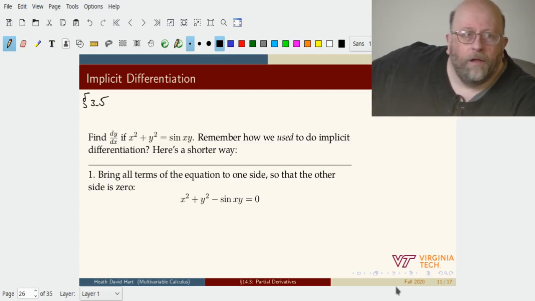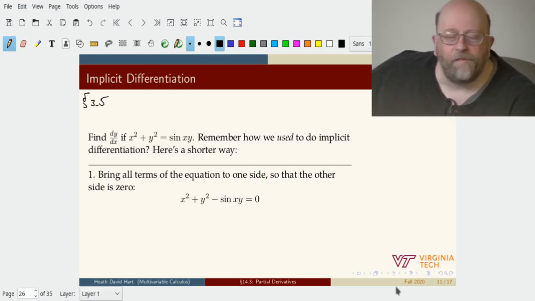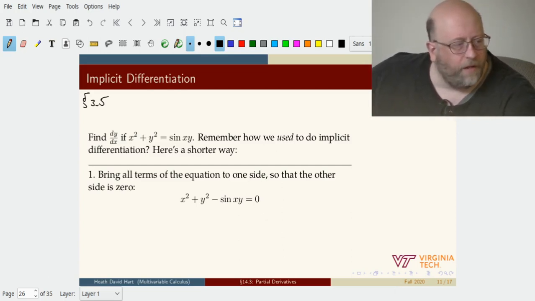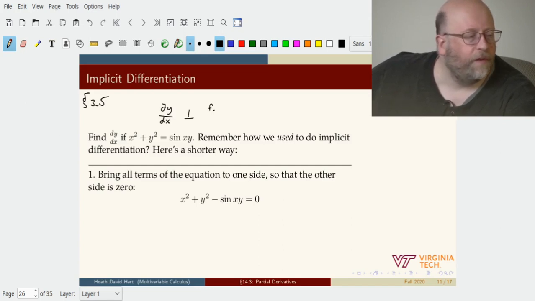But partial derivatives give us a faster way of doing differentiation. And the trick is that the derivative dy dx is orthogonal to the partial derivatives f sub x, f sub y. So this is the ordinary implicit derivative, and these are the partial derivatives.